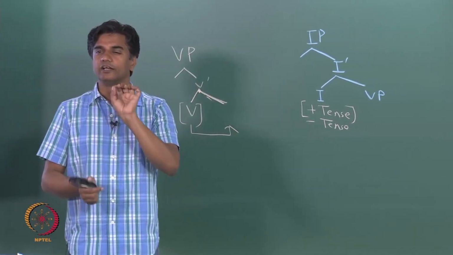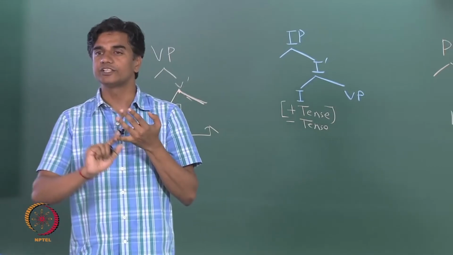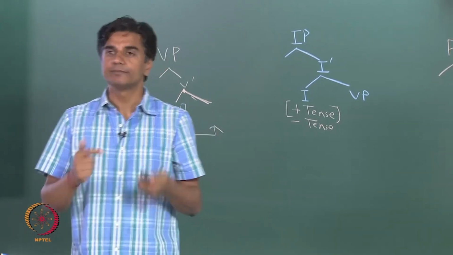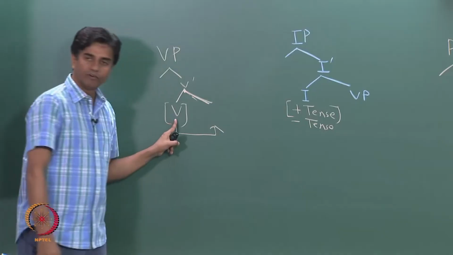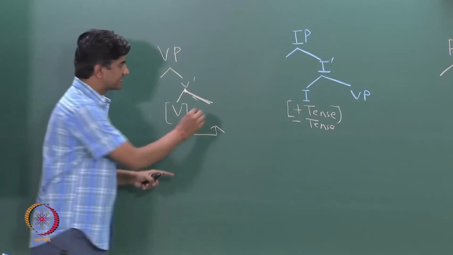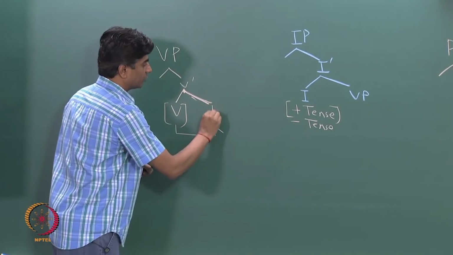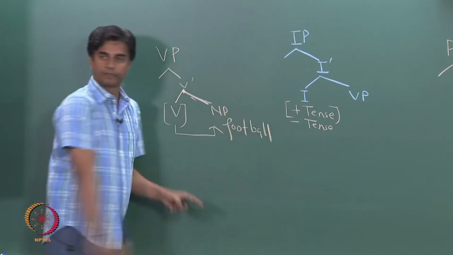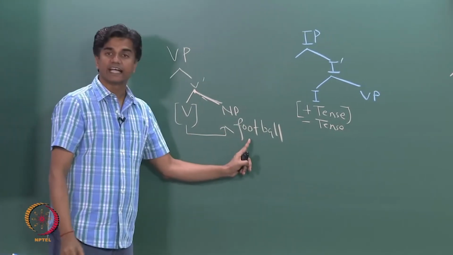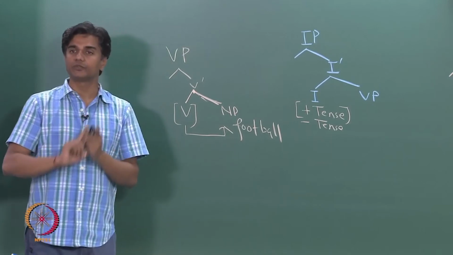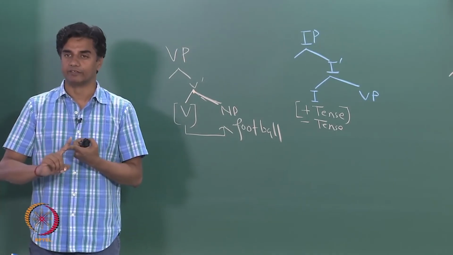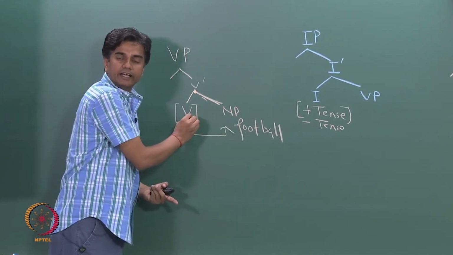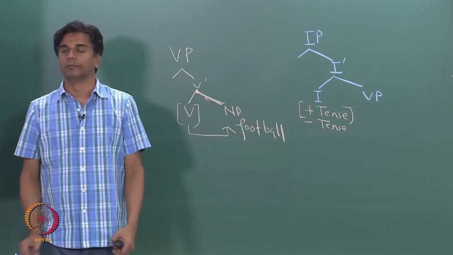I only want you to understand with clarity the two terms, government and C command, where case assignment simply means that when the verb assigns a case to the NP football, it assigns accusative case with the notion of government and C command, which means the verb governs its complement, the verb C commands its complement.